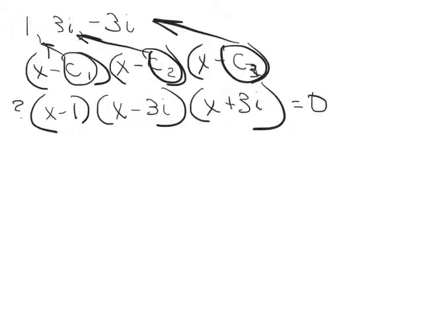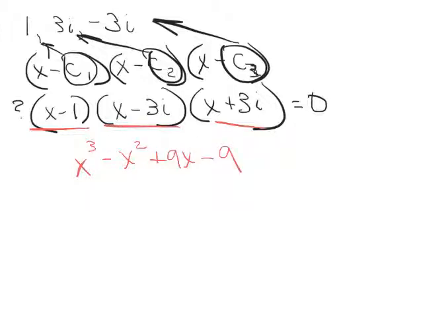All right, so now if we were to take these three binomials and multiply them, we would end up with x cubed minus x squared plus 9x minus 9. And that's what it asked me to do.